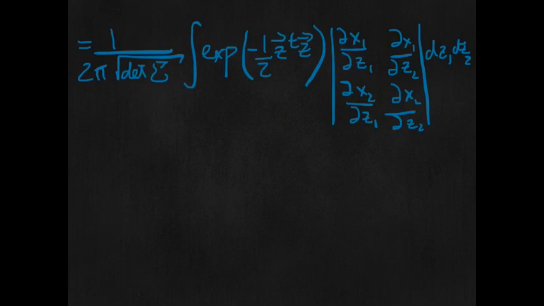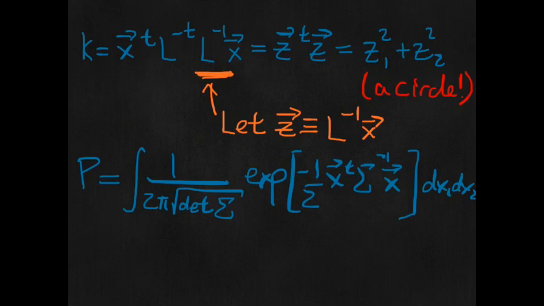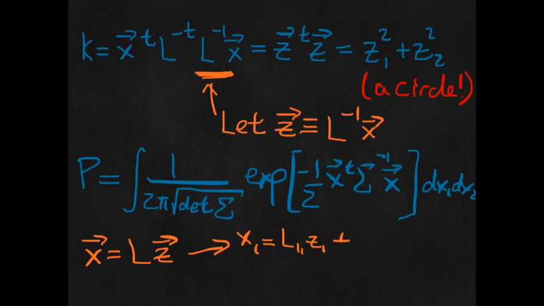And to find these derivatives, I can go back to the coordinate transformation I wrote out earlier, which is that z is equal to L inverse x, and therefore I can actually write x as L z. If I were to write this out in components, what you see is x1 is equal to L11 z1 plus L12 z2, and so on for x2.